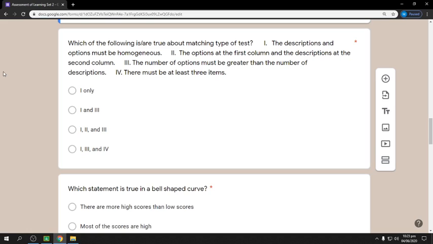Let's go ahead and check. The options are 1 only, 1 and 3, 1, 2, 3, and 1, 3, and 4.